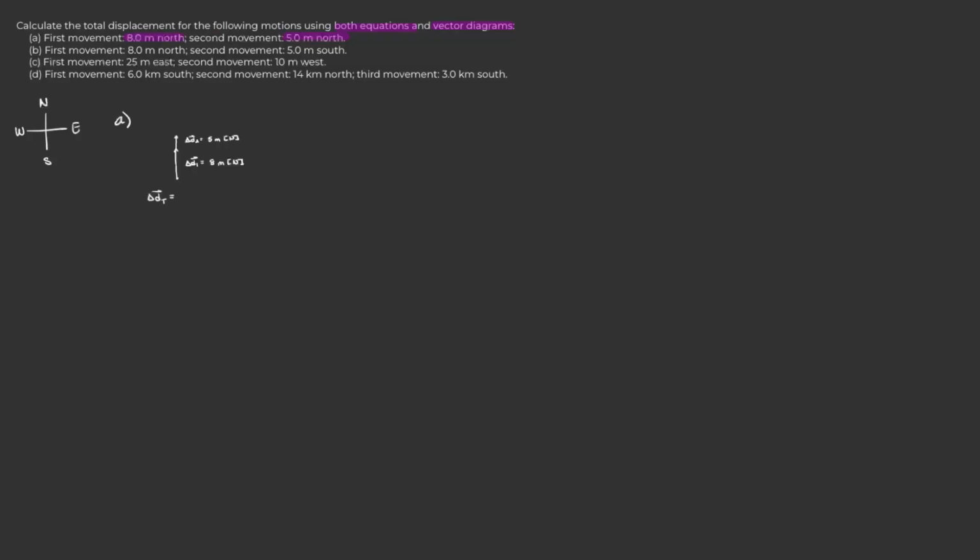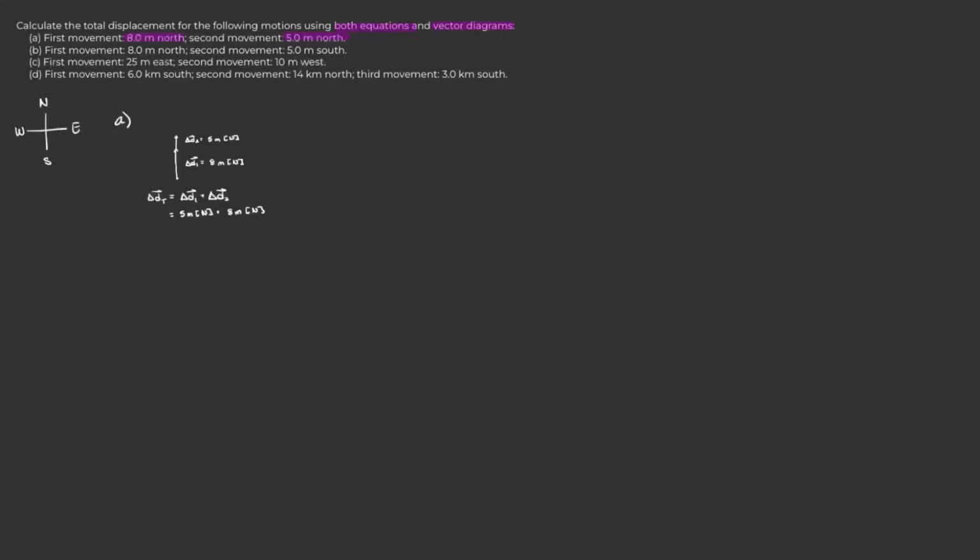And I think it'll make more sense as we go through the questions as well. So keep watching and you'll see what I mean. Delta d1 plus delta d2, we're adding those. And let's just write in 5 meters north plus 8 meters north.